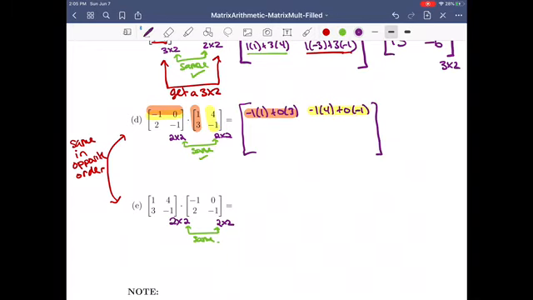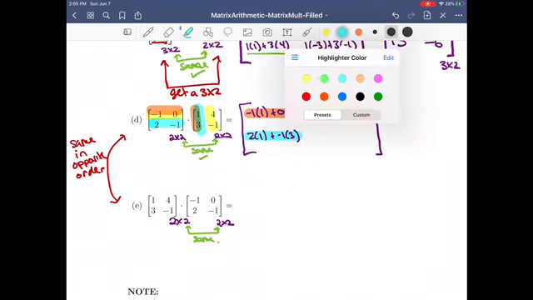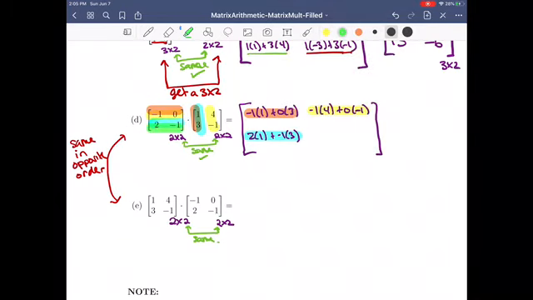Okay, now I have to do the same thing with row 2. So it's 2 times 1 plus negative 1 times 3. And then last, row 2 and column 2. So it's going to be 2 times 4 plus negative 1 times negative 1.